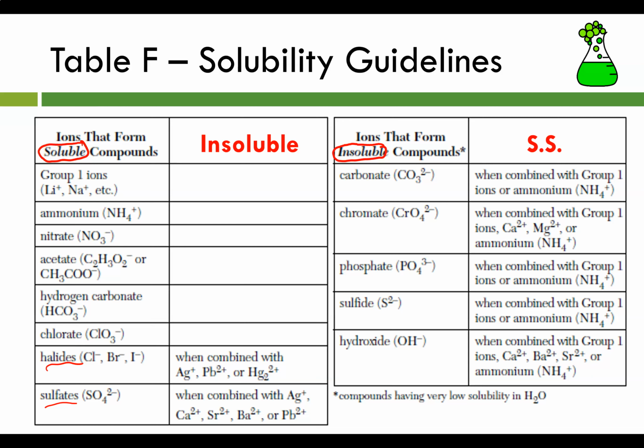And these are going to be compounds that tend to have pretty low solubility in water. I'm talking about insoluble, and slightly soluble is somewhere in between, doesn't dissolve and dissolves pretty readily. So if I had something like calcium chromate, for example, that's going to be a slightly soluble compound. Sometimes our slightly solubles will be the ones that show up as the precipitate in a double replacement reaction.